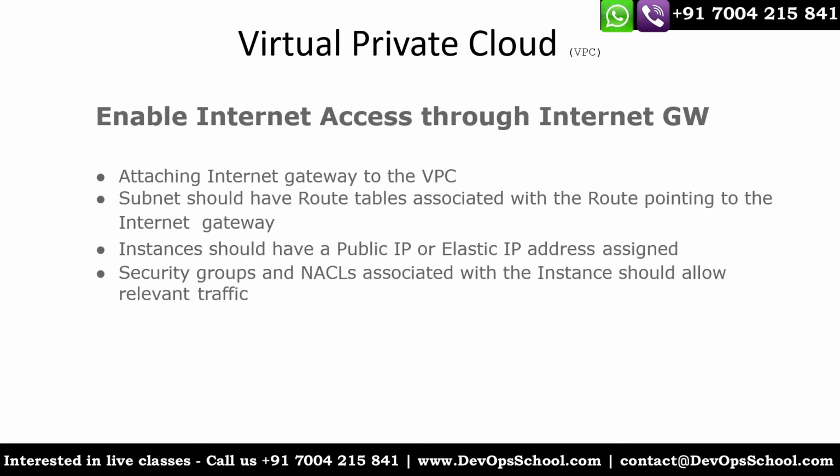To enable internet access through an internet gateway: step one, attach the internet gateway to the VPC. Second, the subnet should have a route table with a route pointing to the internet gateway. Third, instances should have a public or elastic IP address assigned. And fourth, security groups and NACLs associated with the instance should allow the relevant traffic.